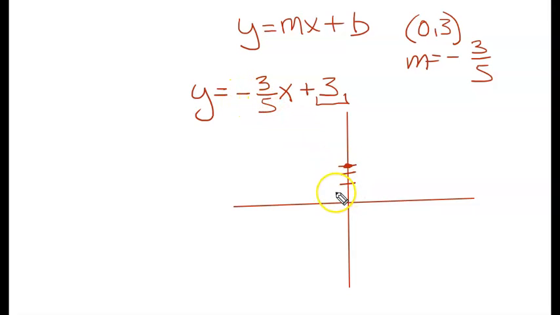So I would go over 5 then. 1, 2, 3, 4, 5, and then up 3. 1, 2, 3. And there's my second point. And then with a line tool, there is the slope. Going through your y-intercept, and to the left 5, that's the run, and then the rise of 3.